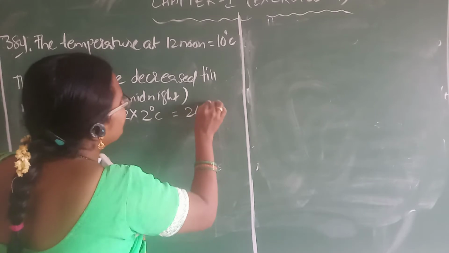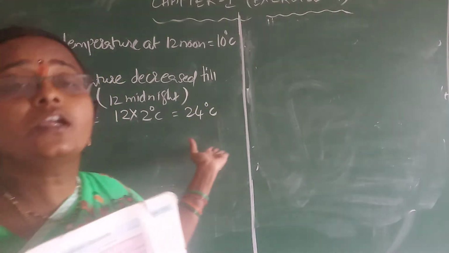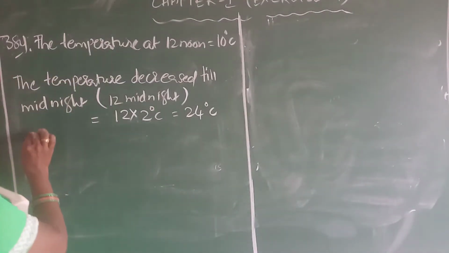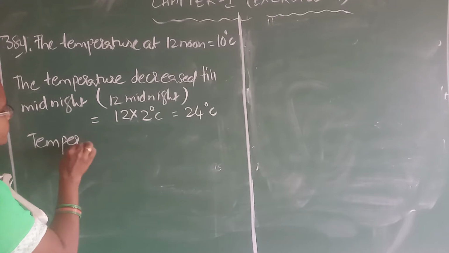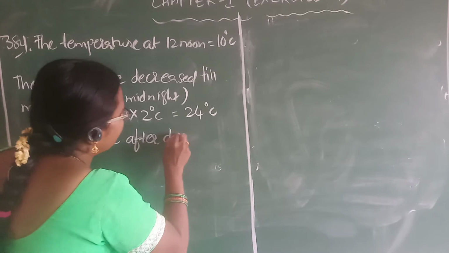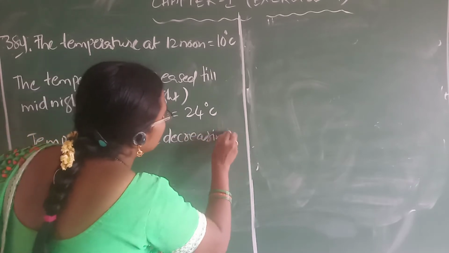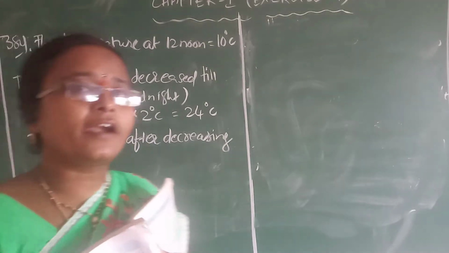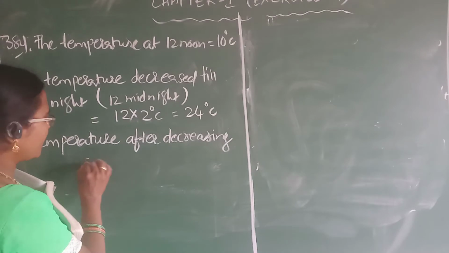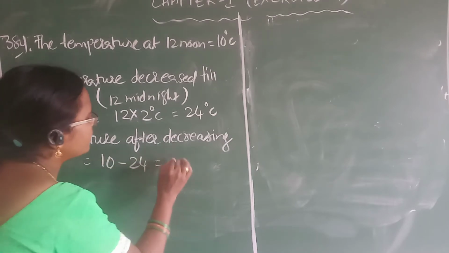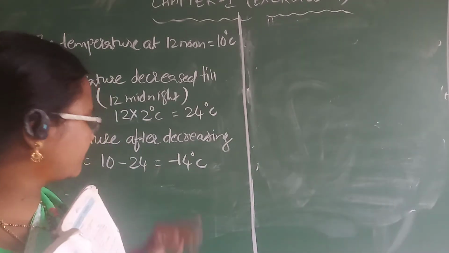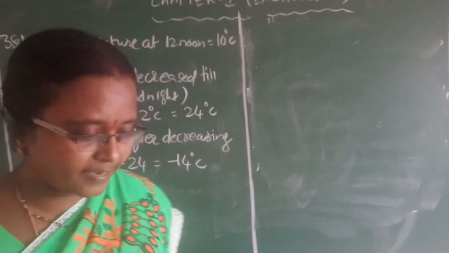Means 24 degrees centigrade has decreased. Now the temperature after decreasing. Children, decreasing means what we have to do? Either addition or subtraction. You have to do subtraction itself. So it implies 10 minus 24 is equal to minus 14 degrees centigrade. So the temperature at midnight is minus 14 degrees centigrade.